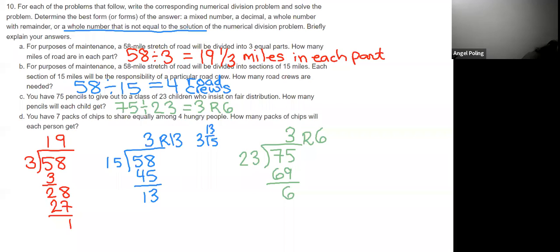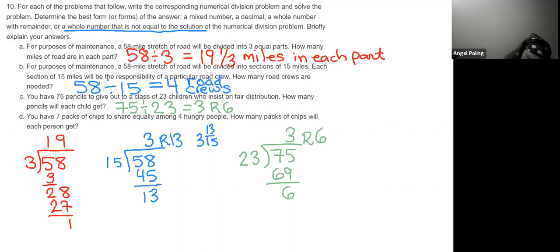Let's see. Because we can't give out another 23 pencils. So that's an interesting one because it's a how many in each group perspective. But we're not going to put the extra 6 pencils in any of the groups because we just don't have enough.